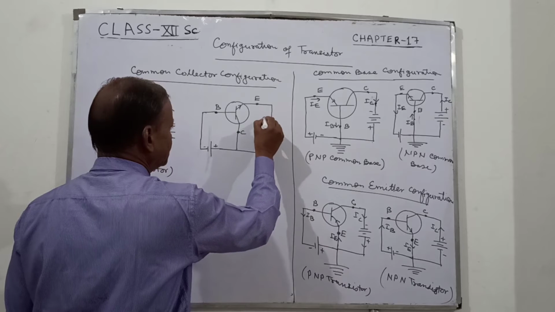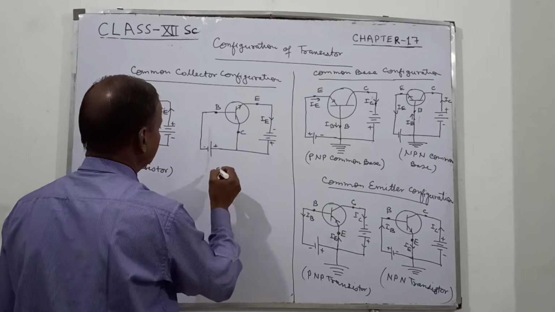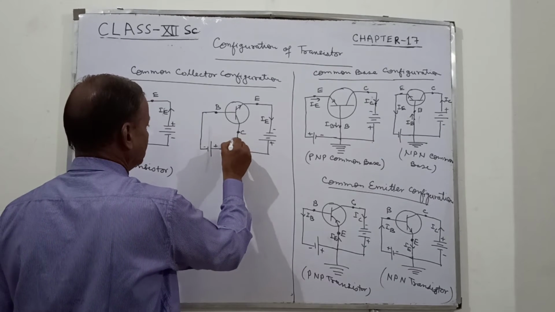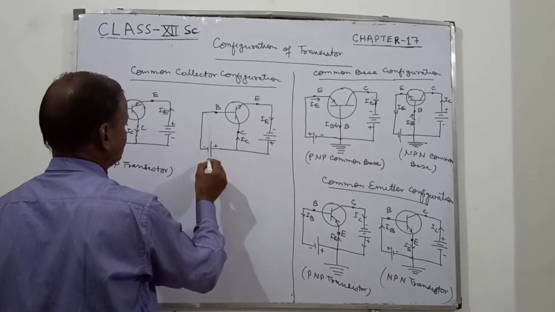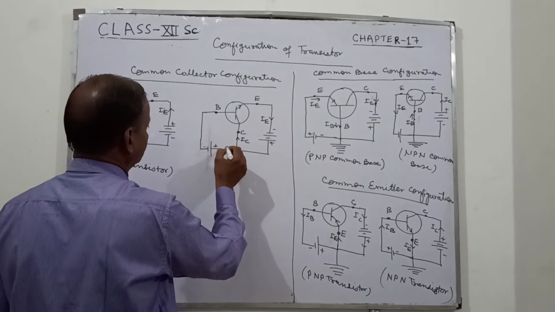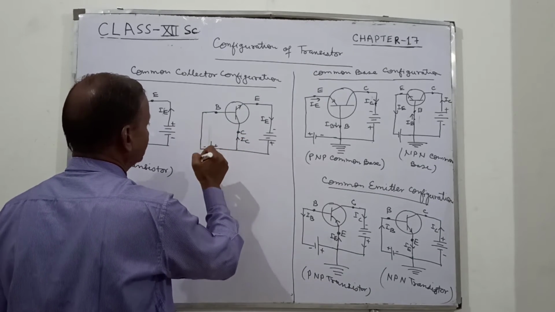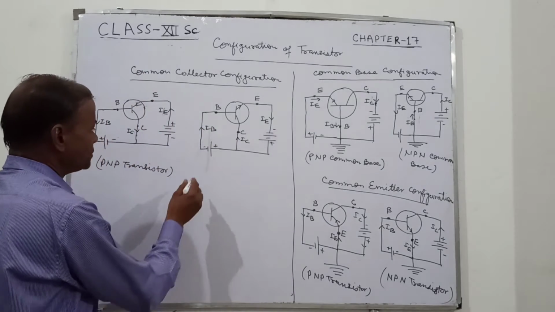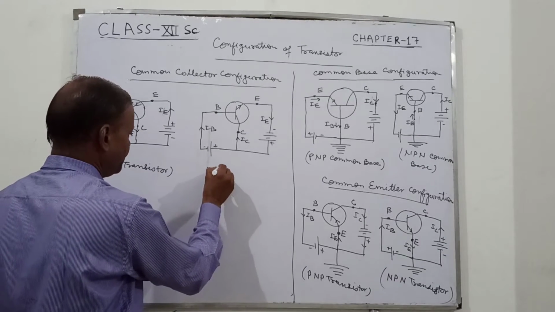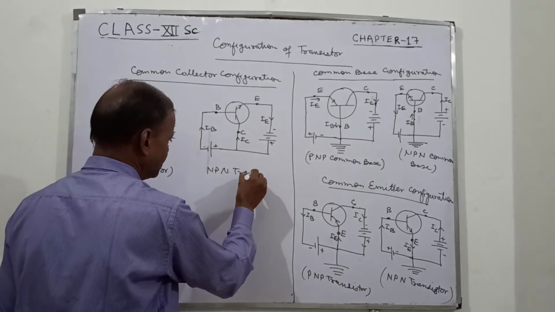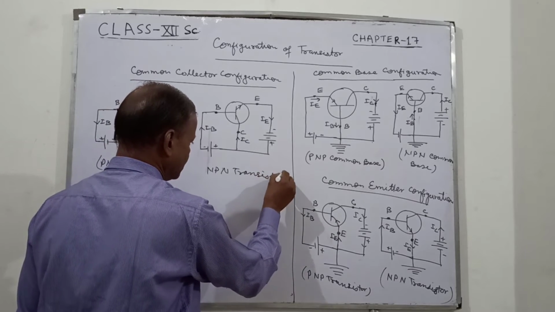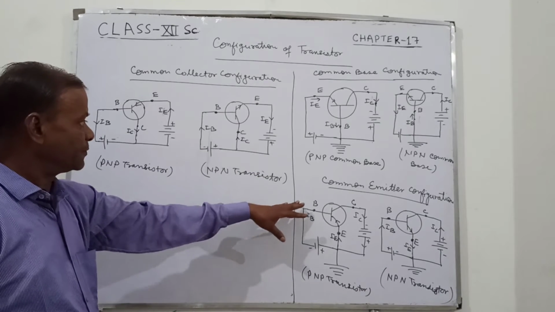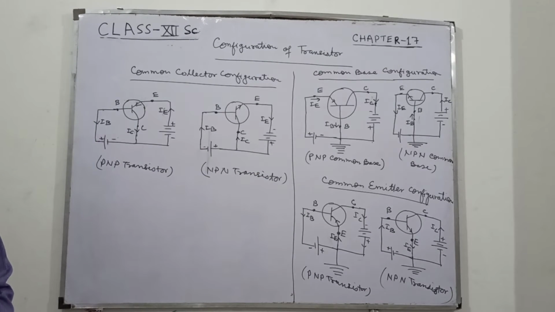See here the current, this is IE, and this is the current IC, and that's the current here. This will be like this. This is your IB. So this is NPN transistor. So these are the three types of configurations that you have here.